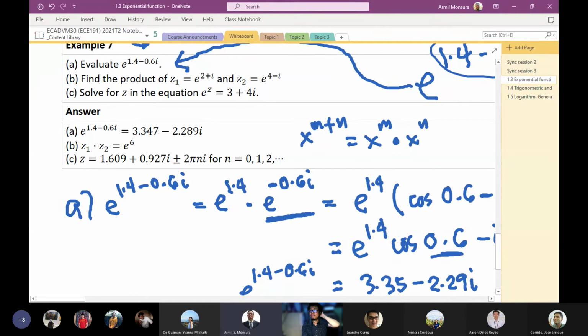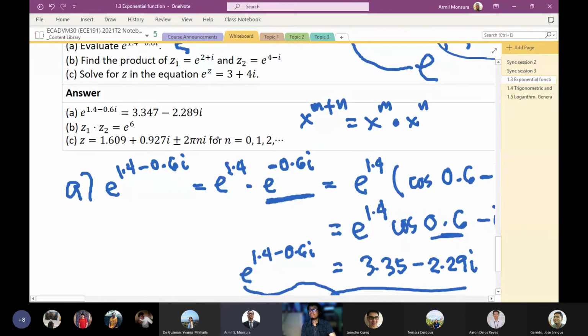Okay, so sige. Now, let us have letter B: find the product of Z1 times Z2.